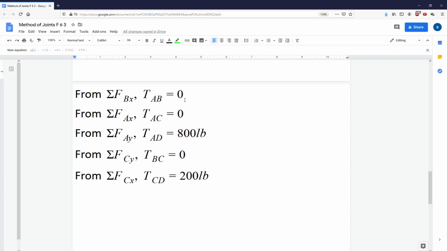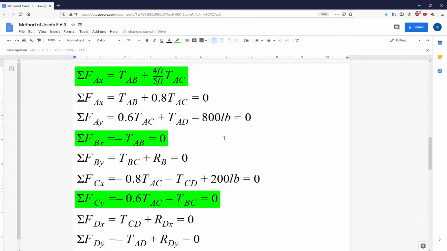So we already have 3 zero force members. These could be removed from the problem and the problem would be unaffected. All that's left are TAD and TCD.